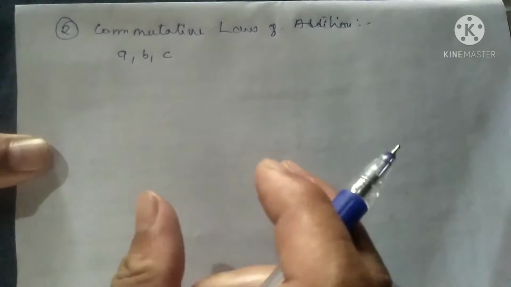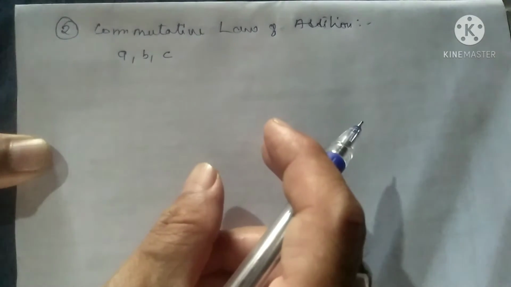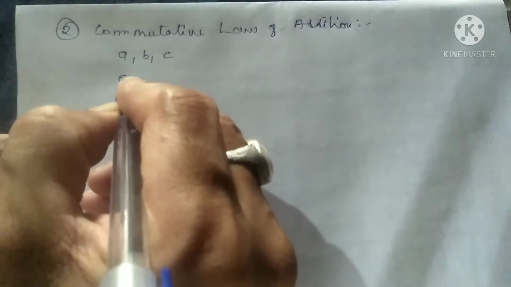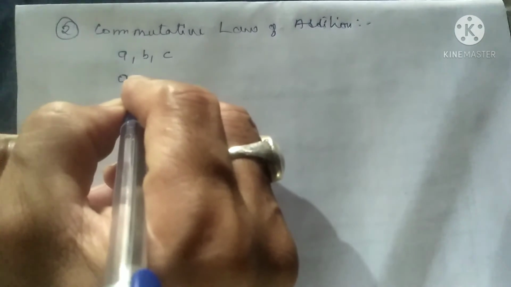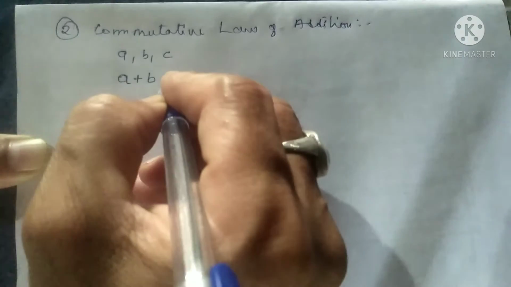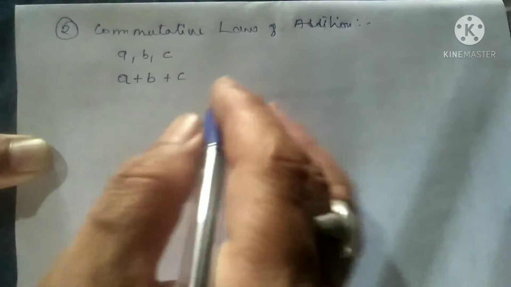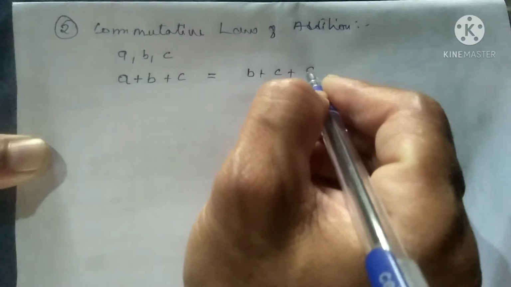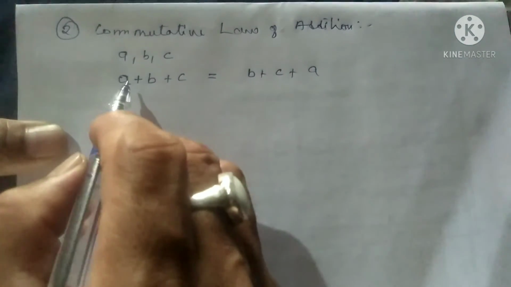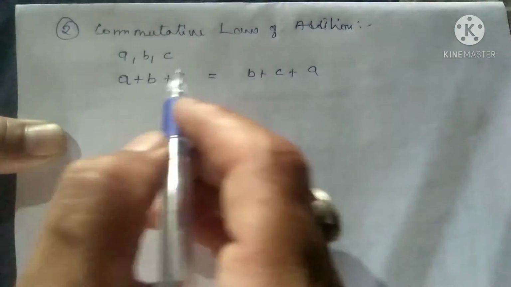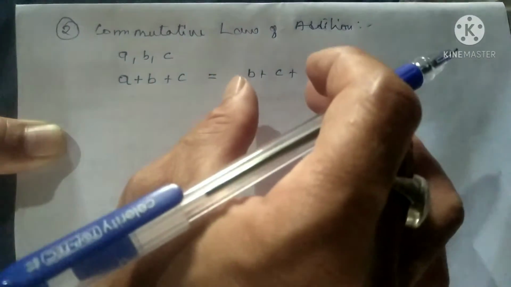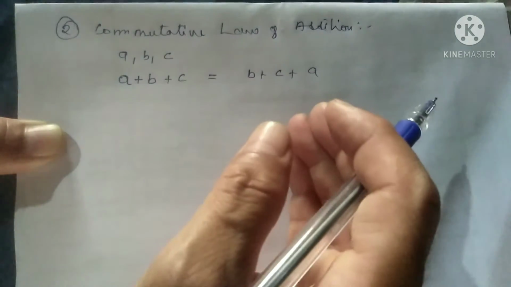Commutate means to replace the places, alter the places, change the places. So we write A plus B plus C, and we alter the position of these real numbers: B plus C plus A. That means however the positions of the real numbers are, the answers are always going to be the same.